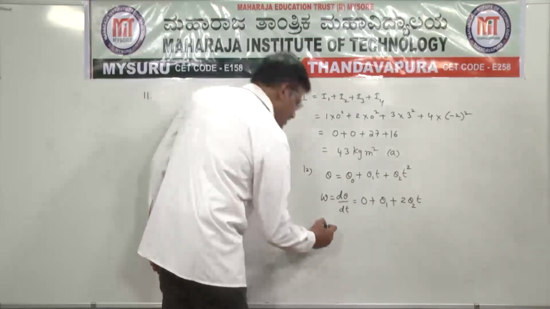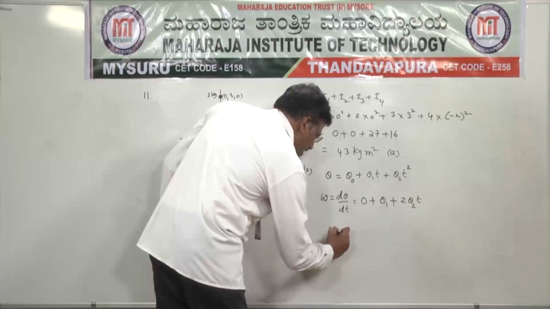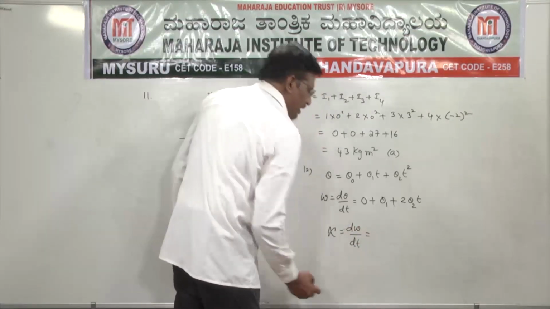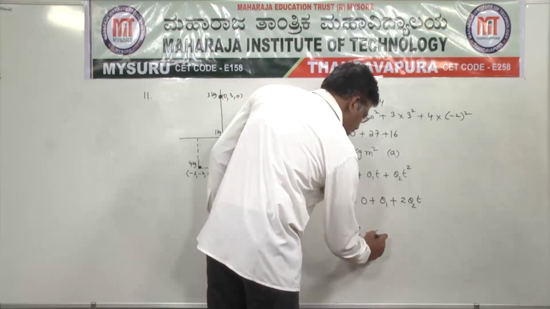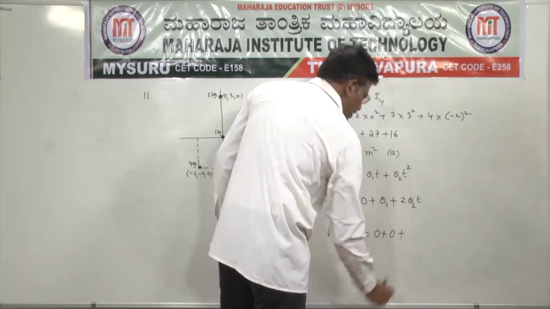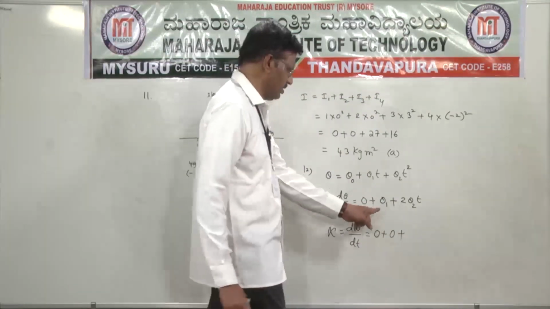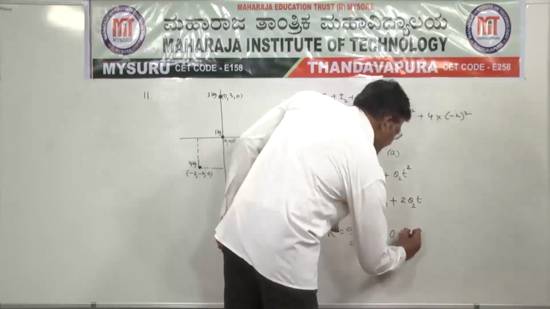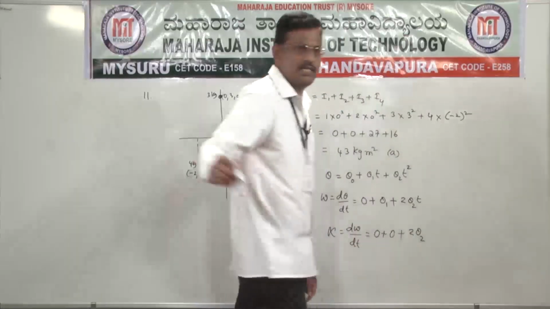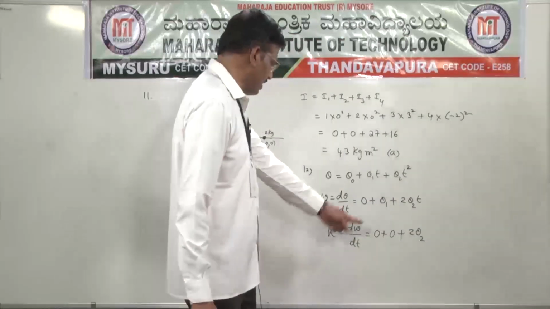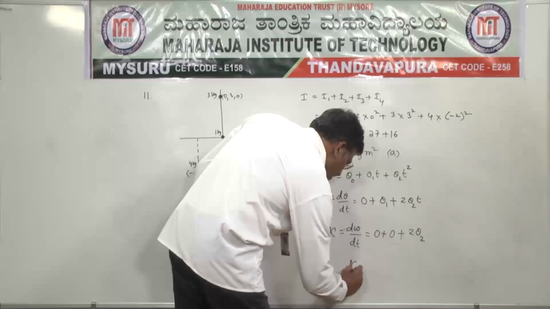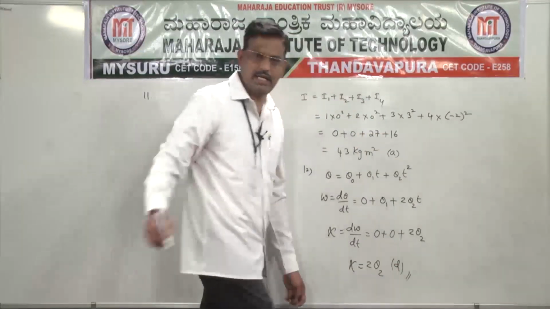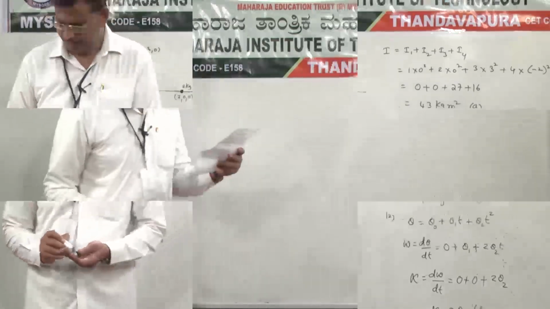Then again differentiate, because we want angular acceleration alpha, which is equal to d omega by dt. The first term already becomes 0, the second term becomes 0 because there is no t term here. In the third, 2 theta 2 constant, dt by dt is equal to 1. So therefore our answer alpha is equal to 2 theta 2. So option D is the right option.